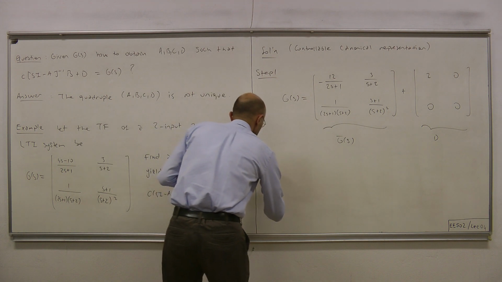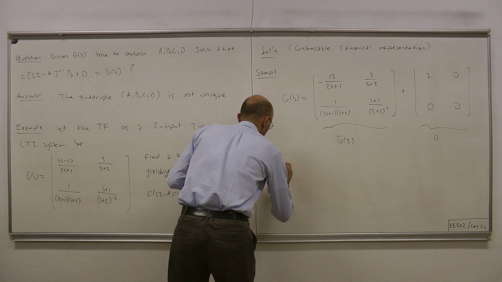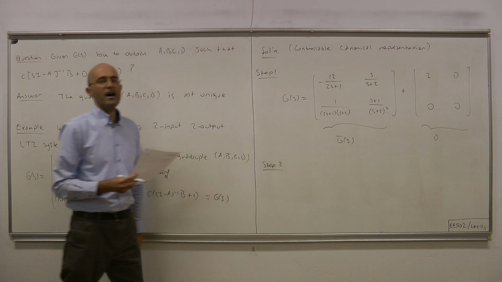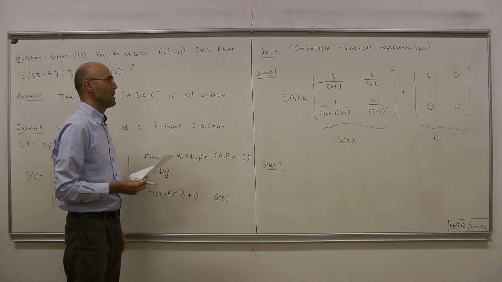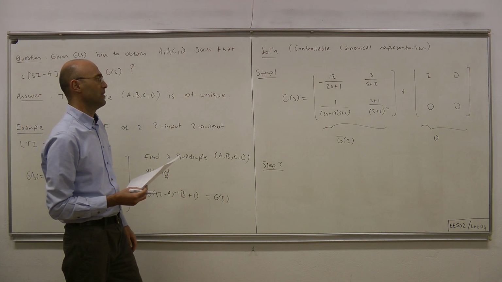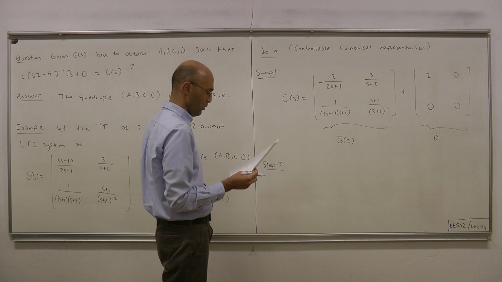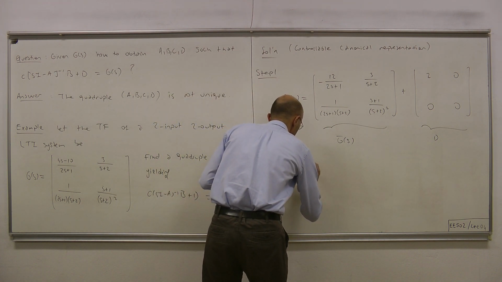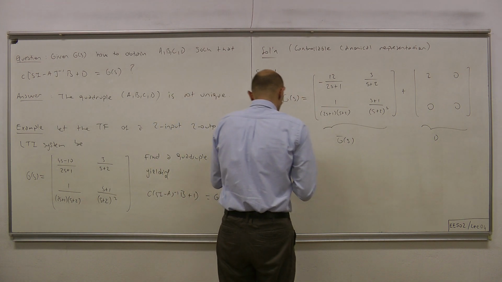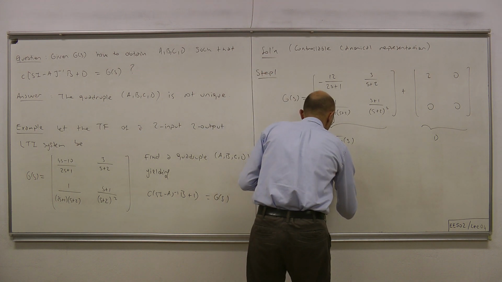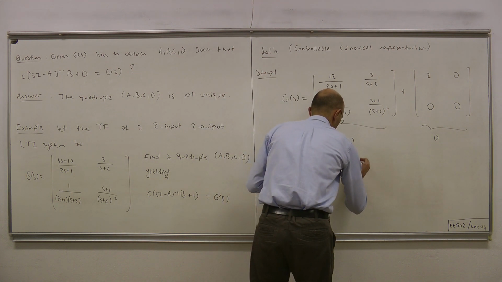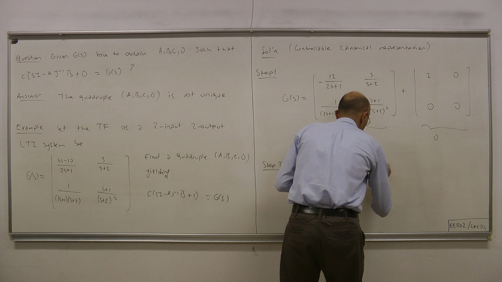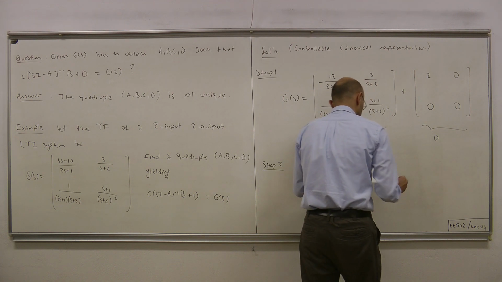Step 2. Okay. Find a common polynomial by looking at the individual denominator polynomials. Find a monic common denominator polynomial.